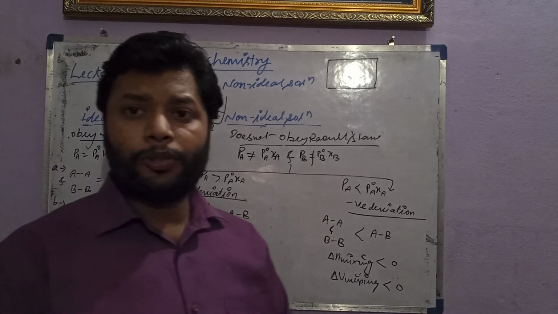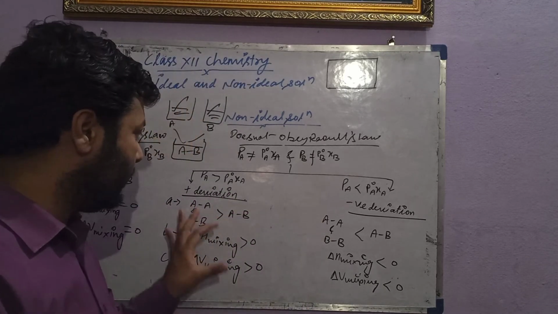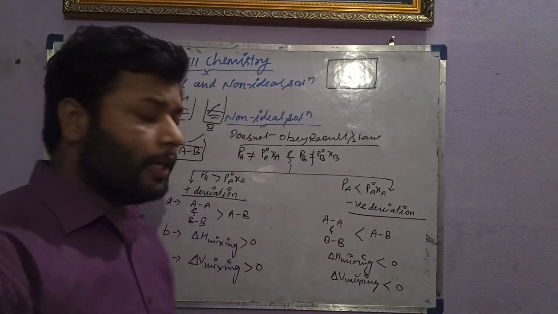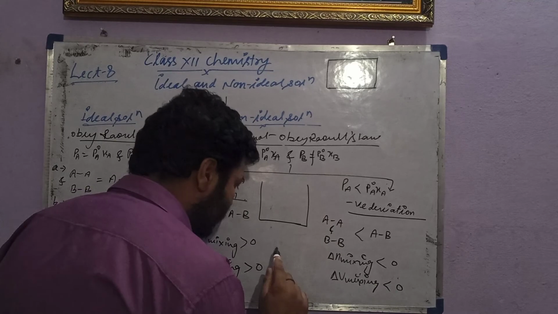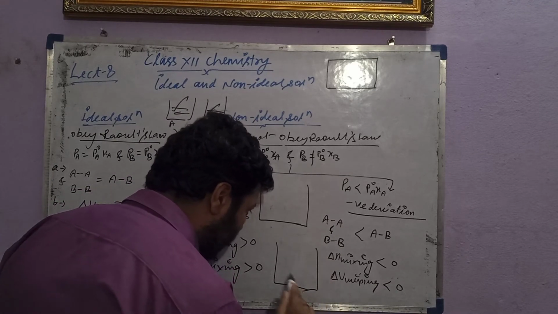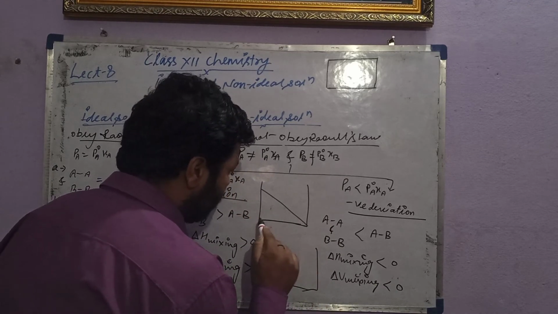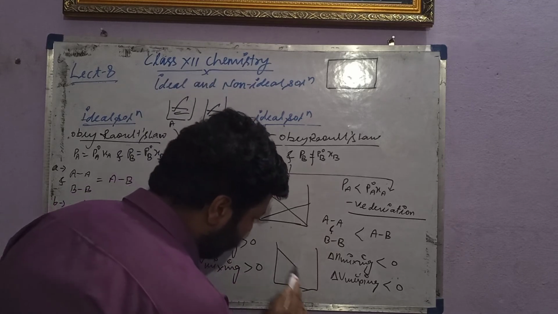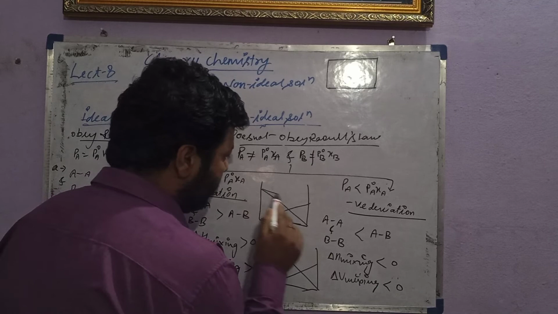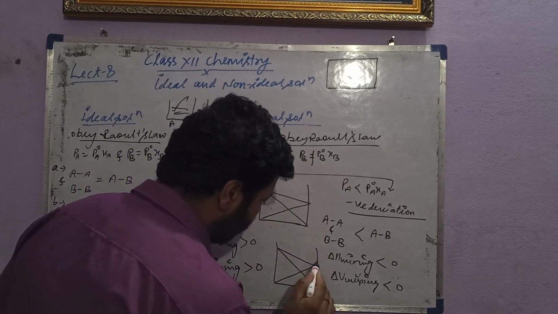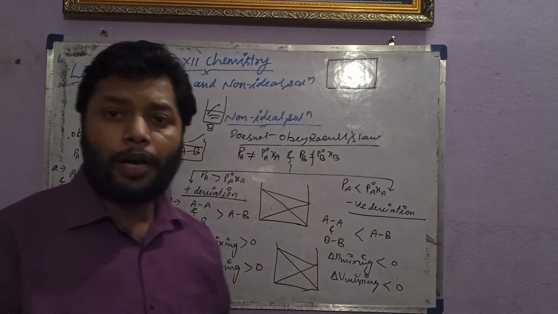For non-ideal solutions, there are two different conditions, positive and negative deviation, and we have to learn their graphs also. The graph is just indicated from Raoult's law. This is the Raoult's law graph.